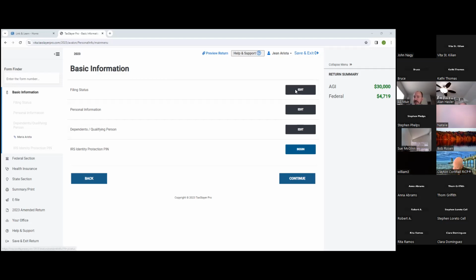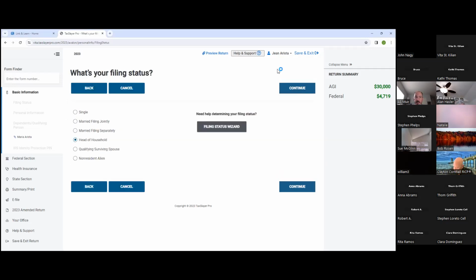So let's go to filing status. And again, we're in tax year 2023. And you can see the taxpayer is Jean Arista. And so your filing statuses are generally going to be single, married filing jointly, head of household, or qualifying surviving spouse. That's typically what you're going to see at the VITA site.